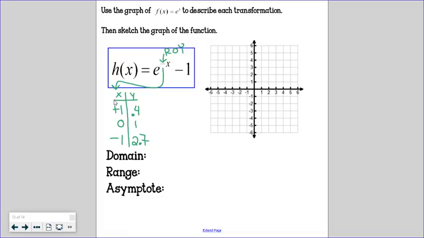Jonathan, tell me about the -1. Michael, what does that tell me also to do? Agreed. Our points are going to move down 1. What also moves down 1? The asymptote.